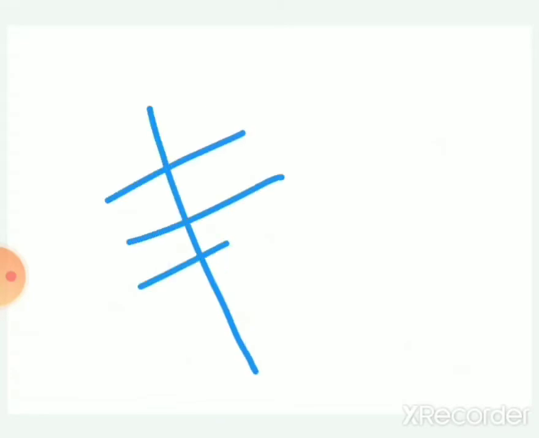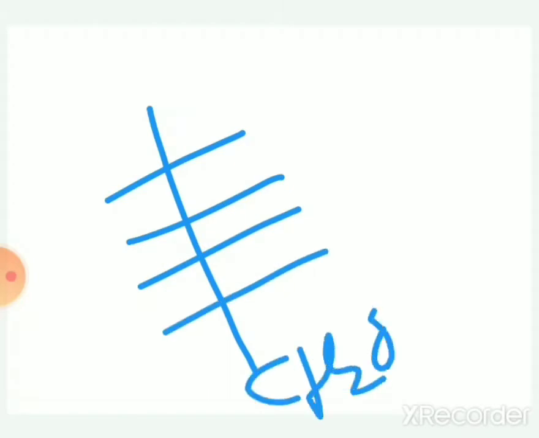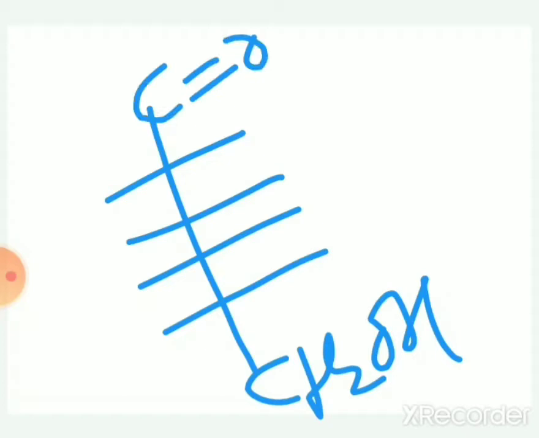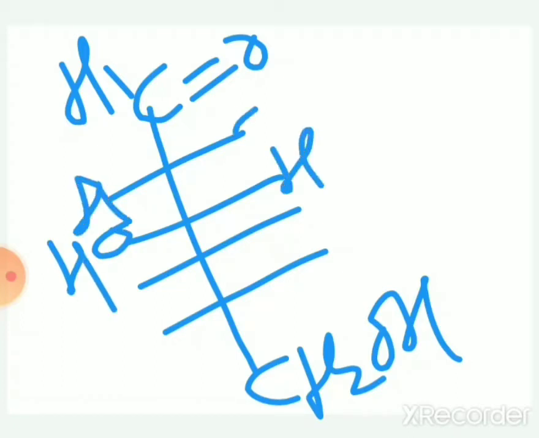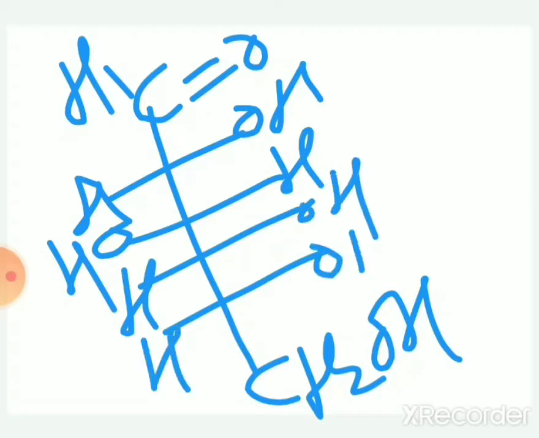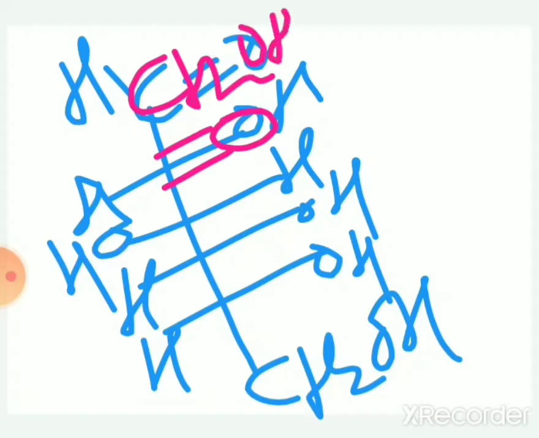Glucose, 4 lines, CH2OH, CHO. On the third carbon OH is on the left side, and HOH on the others. So the difference between glucose and fructose: on the second carbon a carbonyl group is present, and on the first carbon a CH2OH group is present.